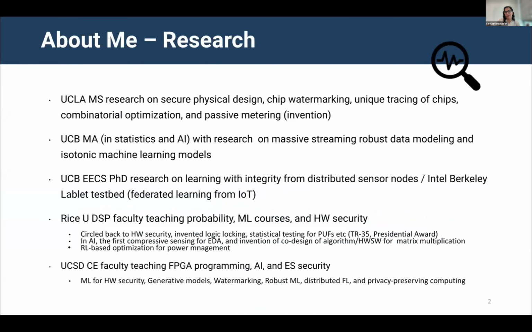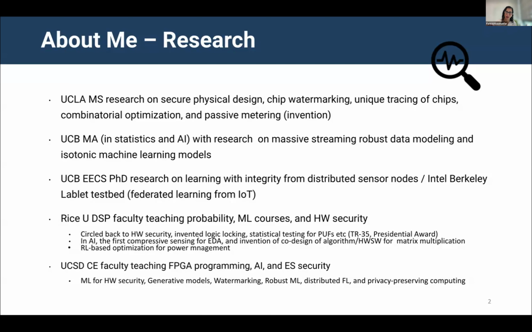And just briefly about me and where my research has led. I got my master's at UCLA, where I did research on secure physical design, chip watermarking, secure tracing, and combinatorial optimization problems in CAD, as well as invention of methods for how you could uniquely trace chips from the supply chain. And when I went to Berkeley for my PhD, I got a master's in statistics and AI with research on massive streaming robust data that was coming from distributed sensors.